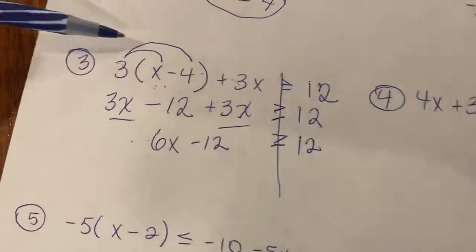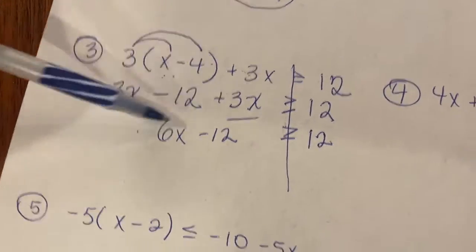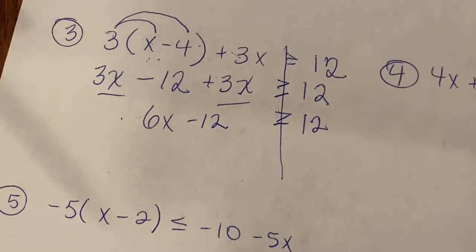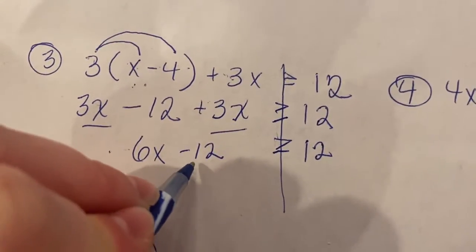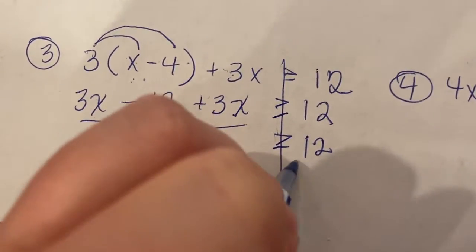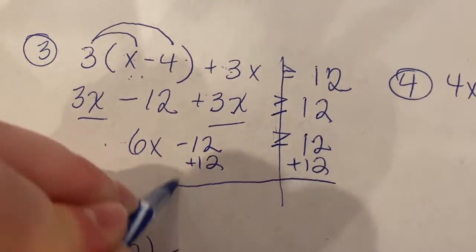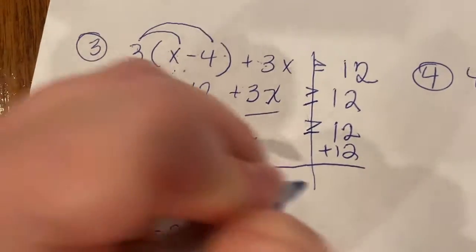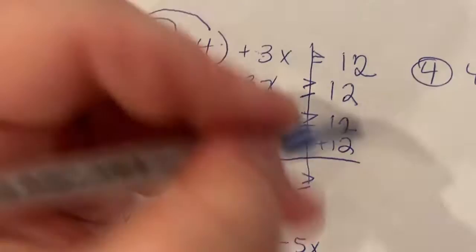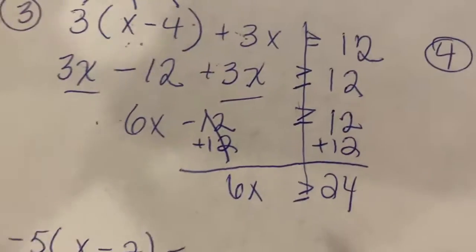So from here, if you can get the distributive property and combine the like terms, you should be in some pretty familiar territory. Again, we're isolating the x, so we're going to add 12 to both sides to cancel that 12. That leaves me with 6x is greater than or equal to 24.